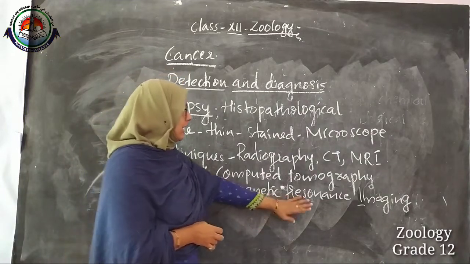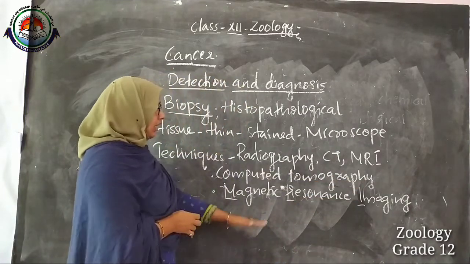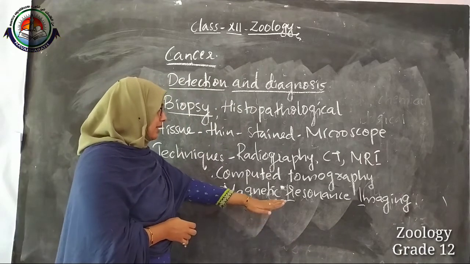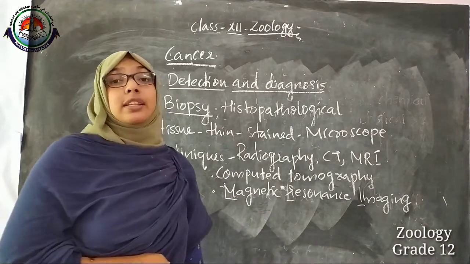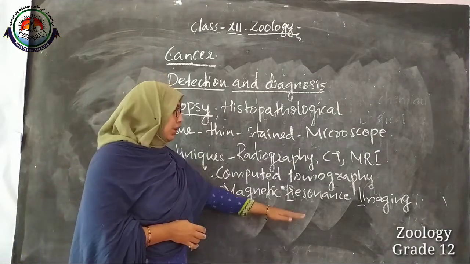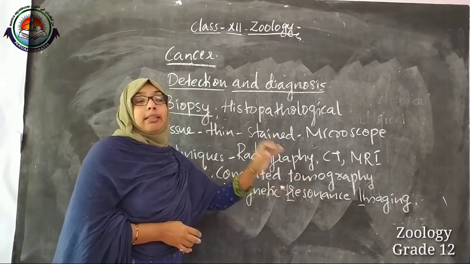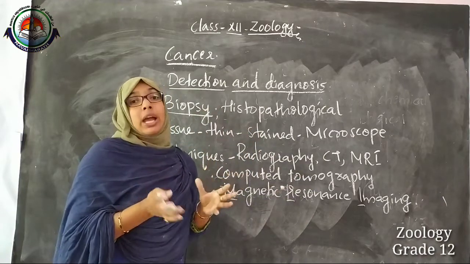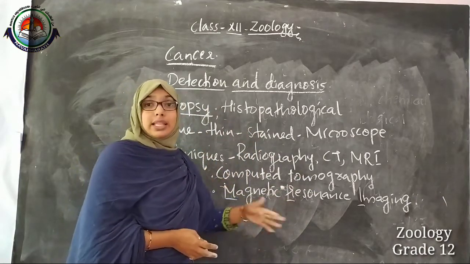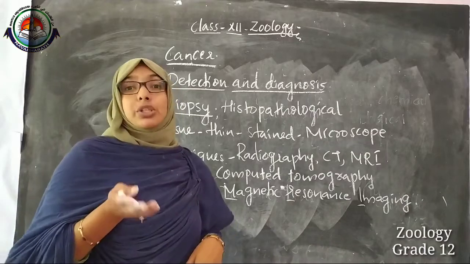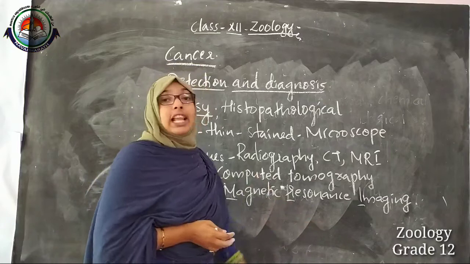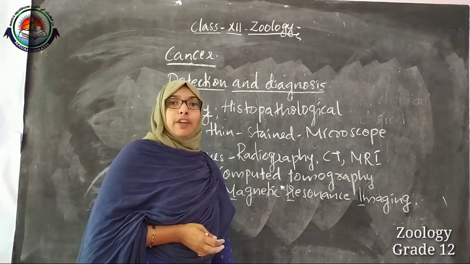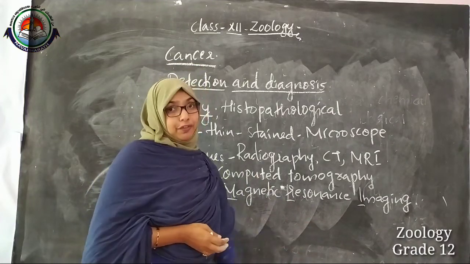In magnetic resonance imaging, as the name suggests, it utilizes a magnetic field. Along with that, some ionizing radiations are also used to get a clear picture, and magnetic resonance imaging is able to locate pathological and physiological changes in the living tissue. So, it is more effective.